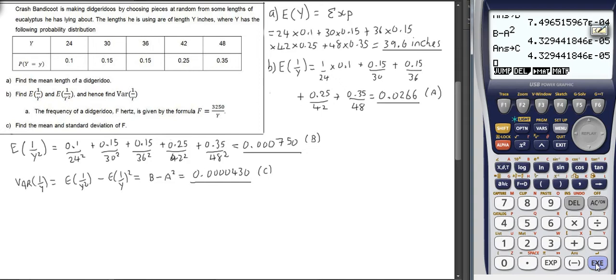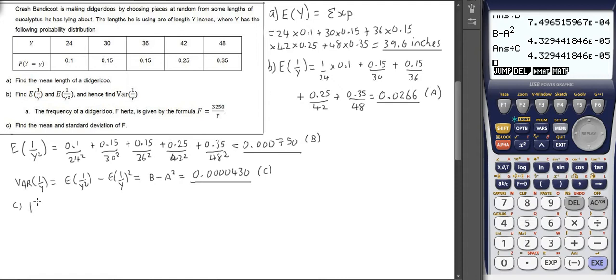And now we've got a formula for the frequency of a didgeridoo. This is for part C, F is 3,250 times 1 over y, and I think when you see it that way you'll see how it helps. So find the mean and standard deviation of F. First of all we want the mean, which is the expected value of F, which is 3,250 times E of 1 over y.